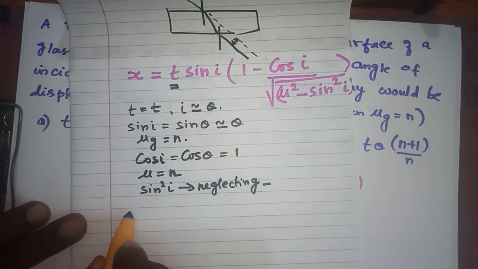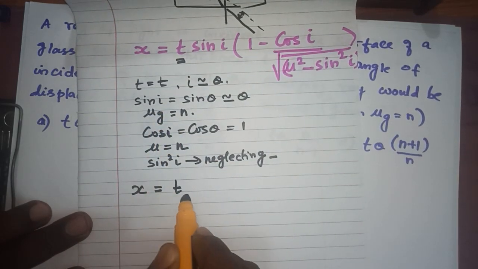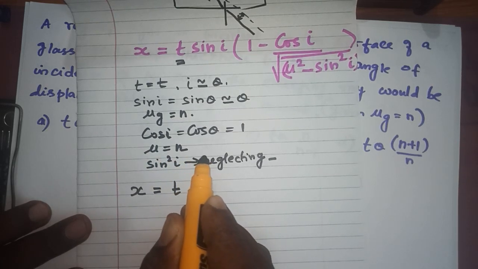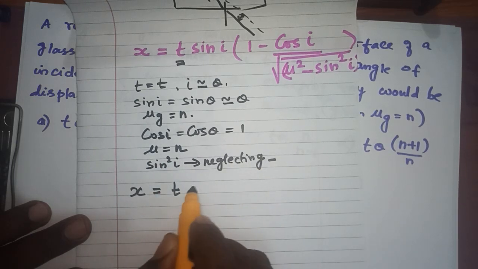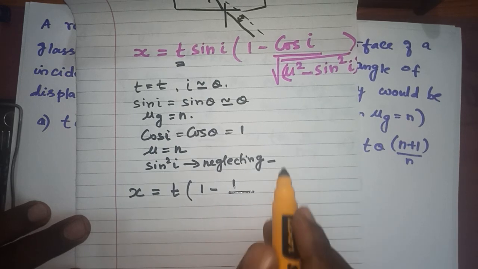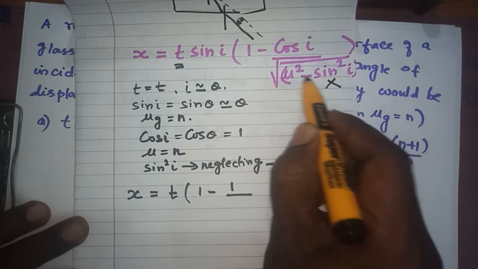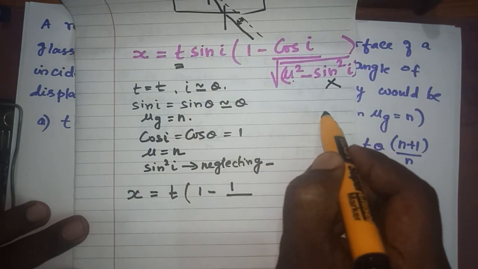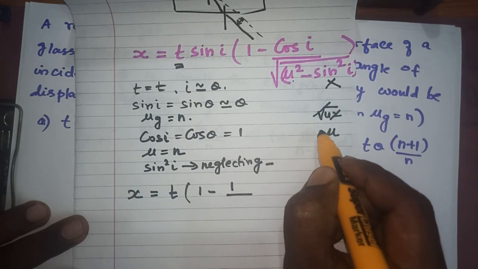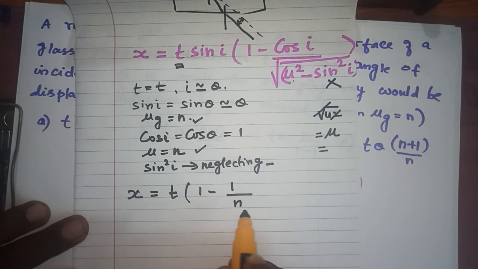So now substituting these values, x equal to t of sine theta, i equal to theta, so I can make it as 1, that is of sine, it is simply 1, and 1 minus cos i, 1 divided by mu square minus sine square i, this term I am neglecting, and the square root of mu square gets cancelled, and only mu remains, and instead of this mu I can write n, mu equal to n, 1 minus 1 by n.